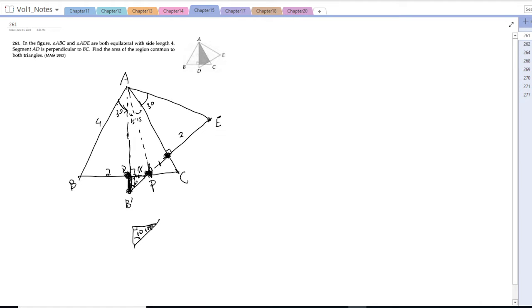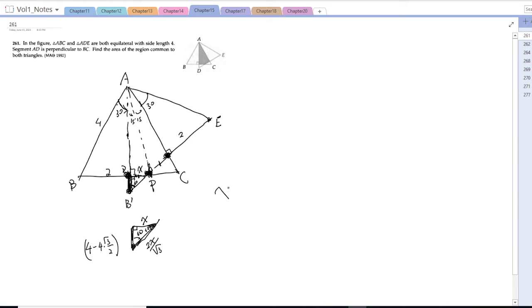So if we assume this side is x, this side will be 2x over root 3, and this side will be 4 minus 2 root 3. Now we can solve for x. Once we solve x, we solve the area. So let's solve x.